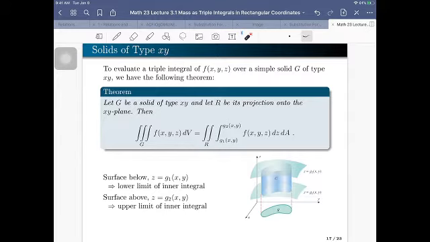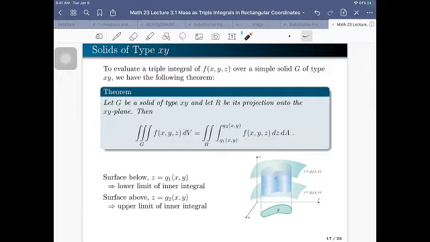The innermost integral will be an integral over the elevation dimension of the solid, which means it is in terms of z. That's why you have dz here. Over all xy in R, the lower and upper limits of integration are g1 and g2, and you still have the same integrand.